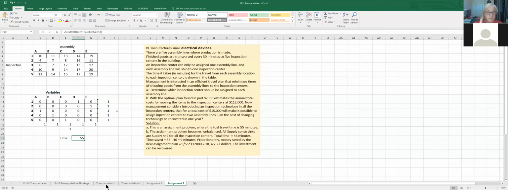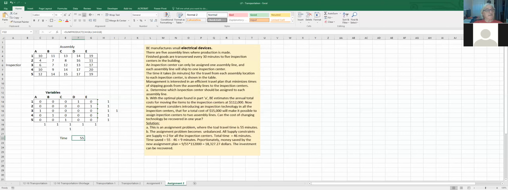Now I'm saying next week, inspection center number 5 is going to be down because of maintenance, repair. So suddenly the problem becomes unbalanced. And that's right now the name of the game: how to solve an unbalanced problem.